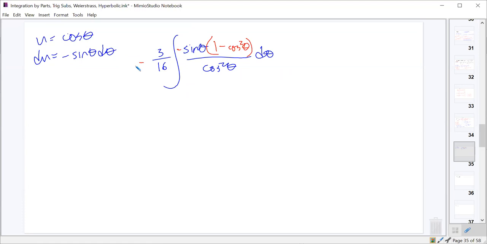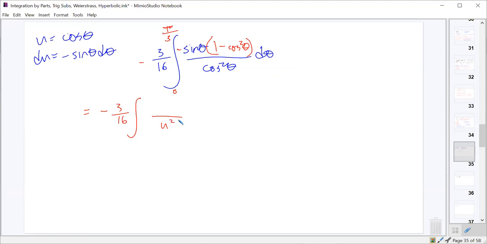Yeah. All right. So now the only thing we have left to do is to convert this into terms of u, which should give us negative. Sorry, we should continue writing. What were these limits? It was 0 and pi over 3 up there, I think. Yes. So negative 3/16, and now it's an integral of, let's see, well, that becomes u squared in the denominator.